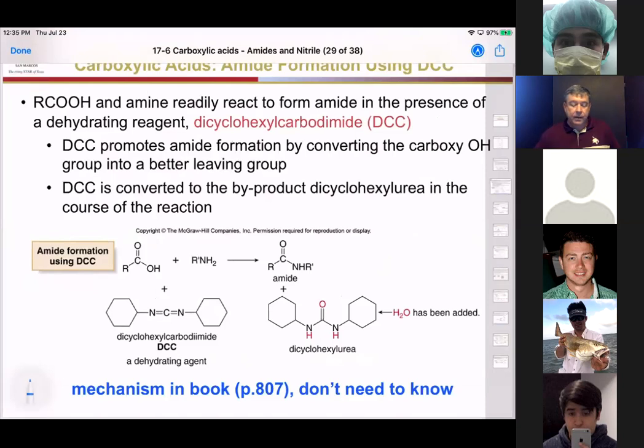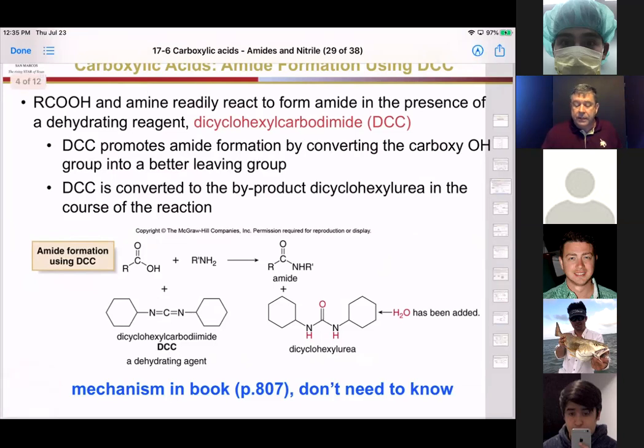Another way to do it is to actually use a dehydrating agent. What this does is promote the formation of the carboxylate to make it a better leaving group. So instead of using heat to remove water, we're using a chemical reagent that will add water across it such that it can be removed as an organic compound.